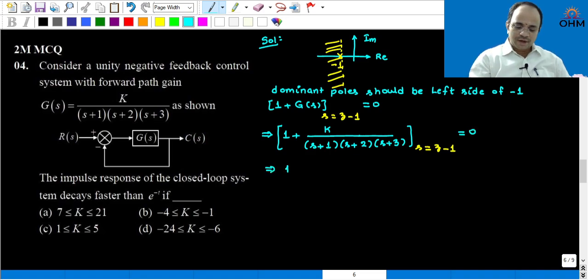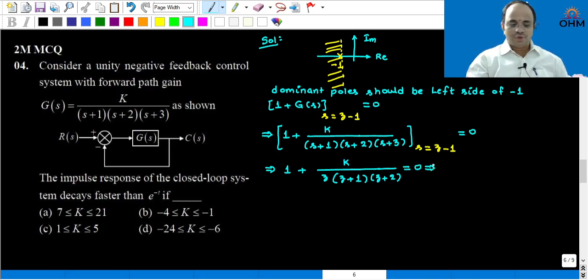Then what you can write down here is 1 plus K divided by z into (z plus 1) into (z plus 2) is equal to 0. So, with this, you will have the characteristic equation as z cube plus 3z square plus 2z plus K is equal to 0.